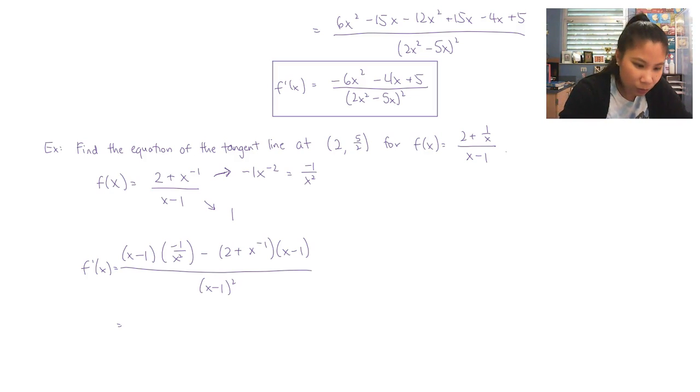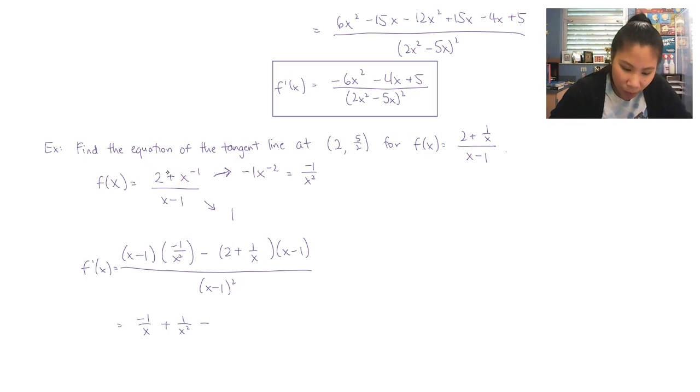I'm actually also going to change that x to the negative first power back to a fraction because it'll help me multiply things out better. So in this first part, I've got the x minus 1 times negative 1 over x squared. Multiplying that out with x, I'm going to end up with negative 1 over x plus 1 over x squared.